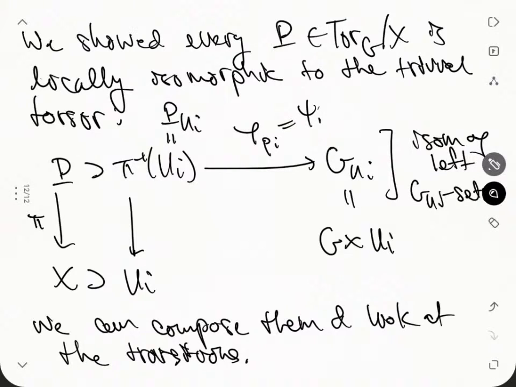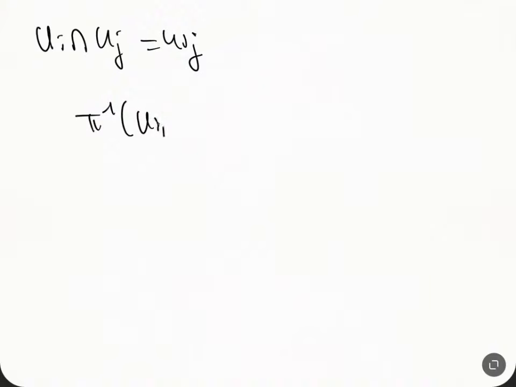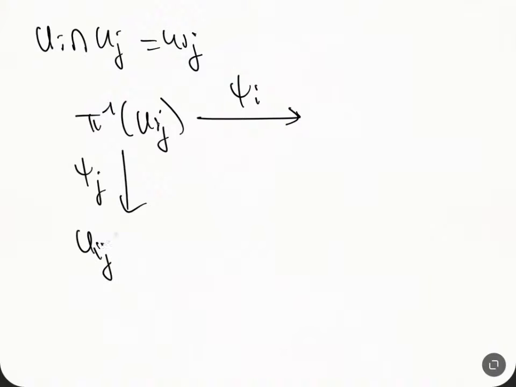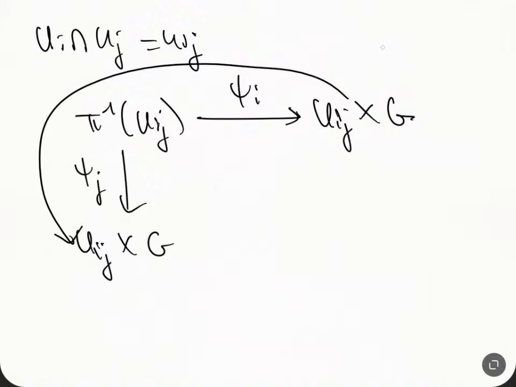Here we'll take U_i intersect U_j, this is U_ij, and here we have two trivializations, trivialize with psi_i or trivialize with psi_j, and so this is going to be U_ij cross G. Then we can go from one to the other, all the way around. So this would be psi_i inverse composed with psi_j.